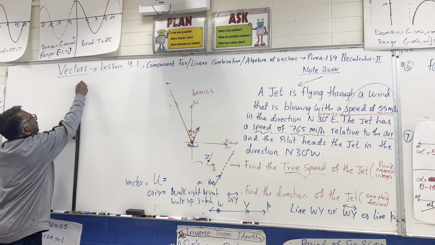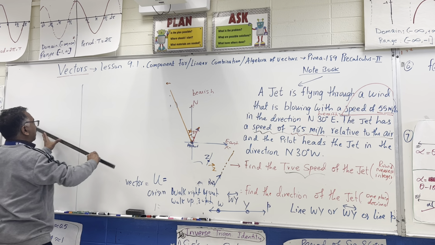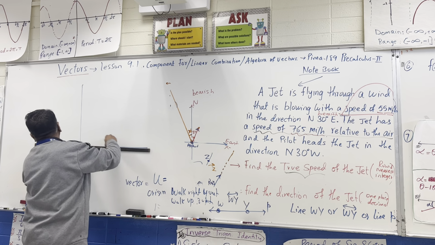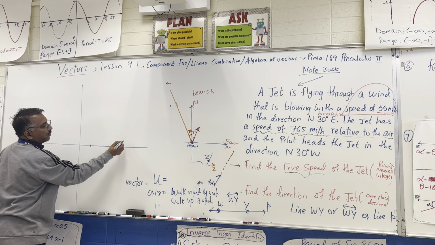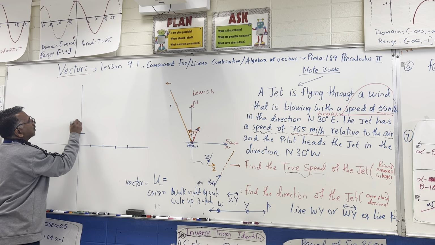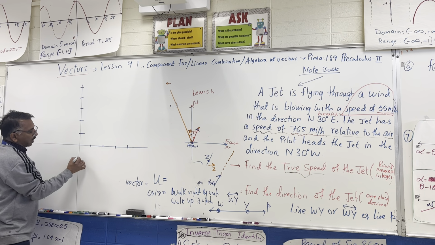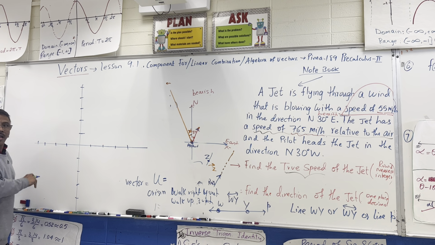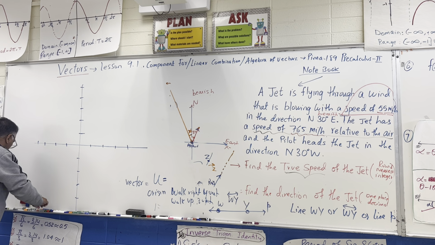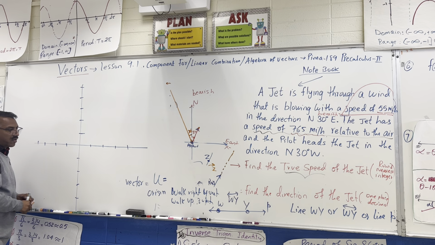Since we already understood this, now comes the conclusion. So these are the points 1, 2, 3, 4. You already have a grid, so you guys are okay, right? Okay, so far. Now, I asked you to sketch a vector.